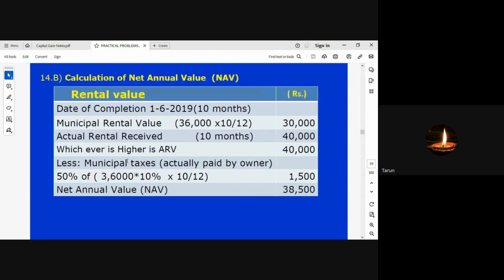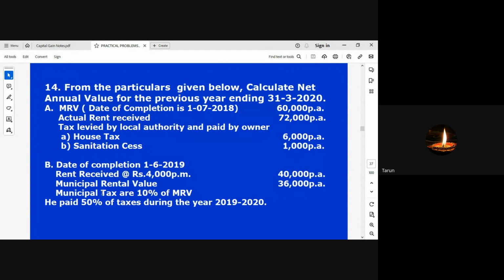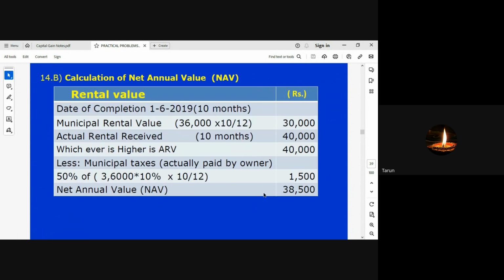Here, this is actually paid by the owner. What is the actual language given? Municipal taxes are 10% of MRV. He paid 50% of taxes. So 10% of 36,000 into 10 by 12 is the actual municipal tax paid by the owner.